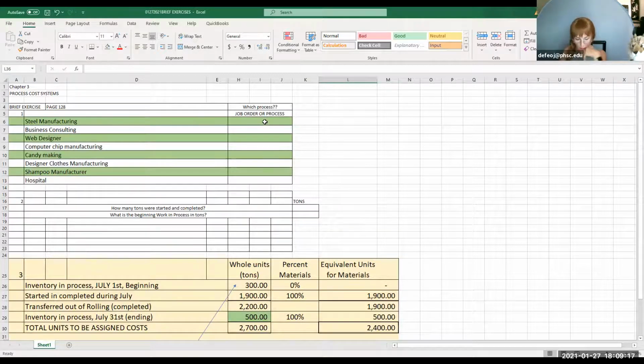What do you think steel manufacturing is? Process or job order? Is one piece of steel indistinguishable from another piece of steel? What do you think?